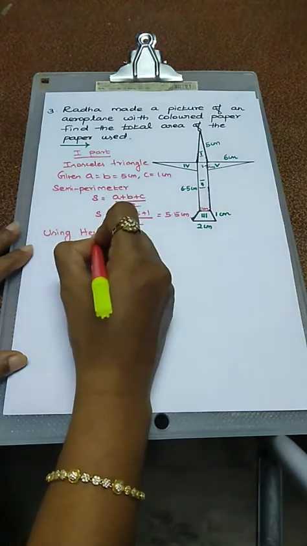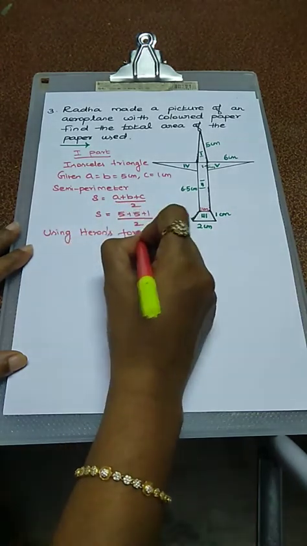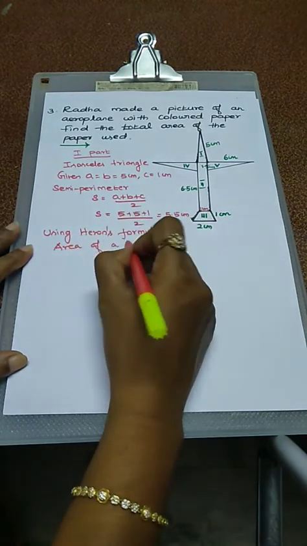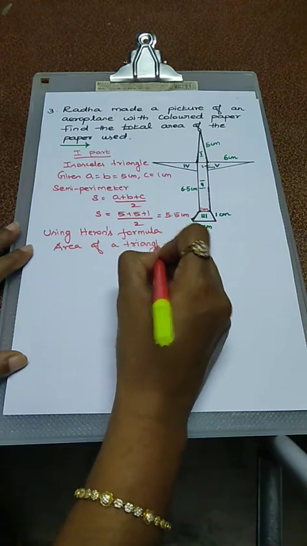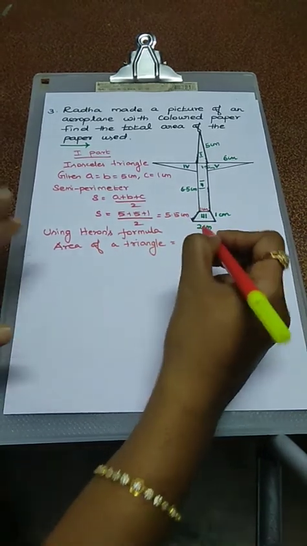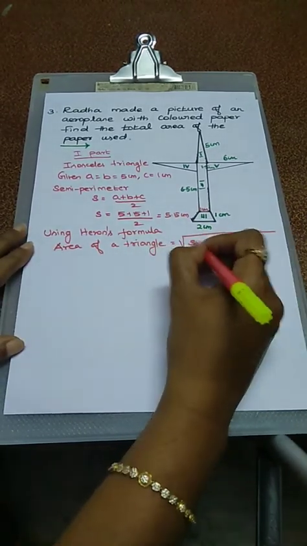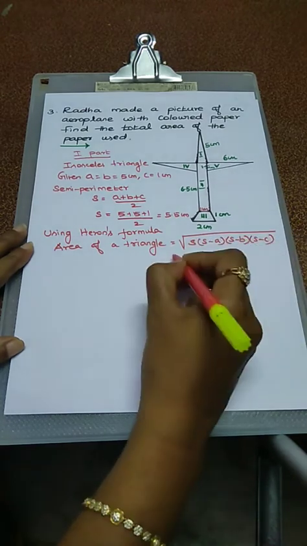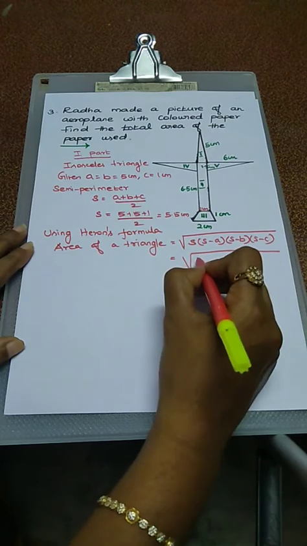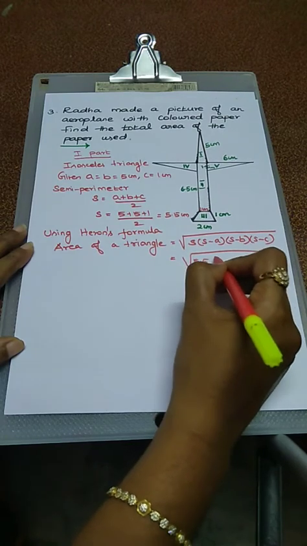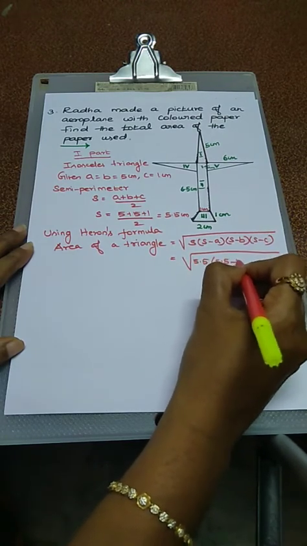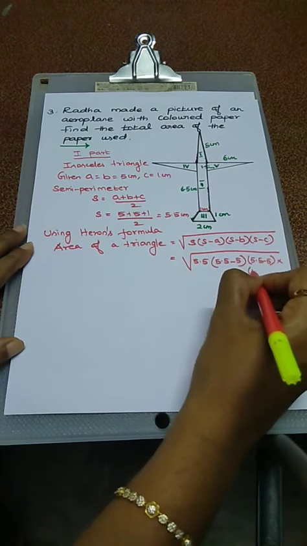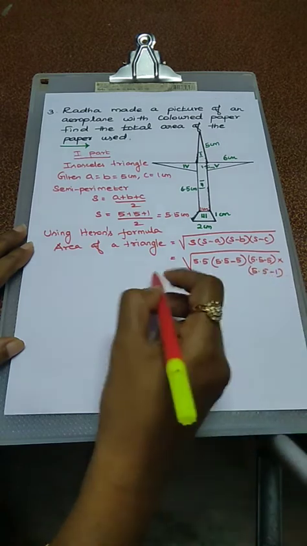Using Heron's formula, area of a triangle is equal to, what is the formula? Square root of S into S minus A into S minus B into S minus C. So apply the value, 5.5 into 5.5 minus 5, 5.5 minus 5 into 5.5 minus 1.